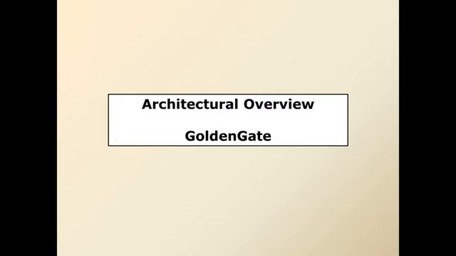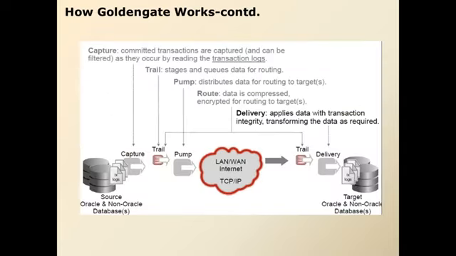Now let us discuss the architecture of Oracle Goldengate. The architecture is pretty simple. In Oracle Goldengate you have a source database and a target database.